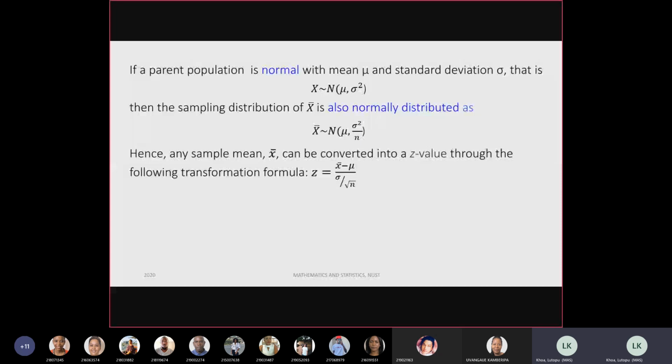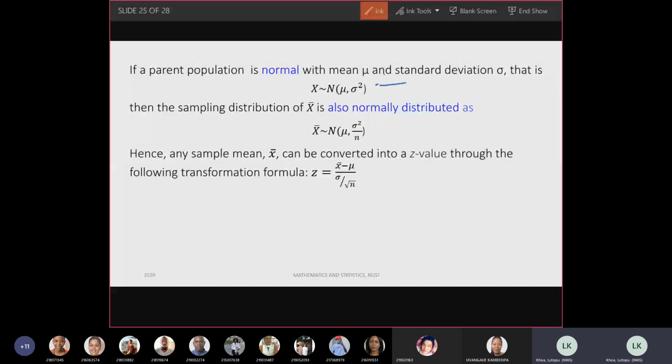Okay, so the parent population just means the population from which the sample was collected. So if that population is normal, that means it has a bell shape. We write it in this way, we say that it is normally distributed.